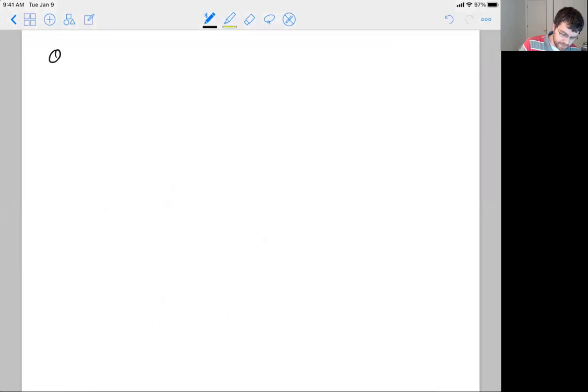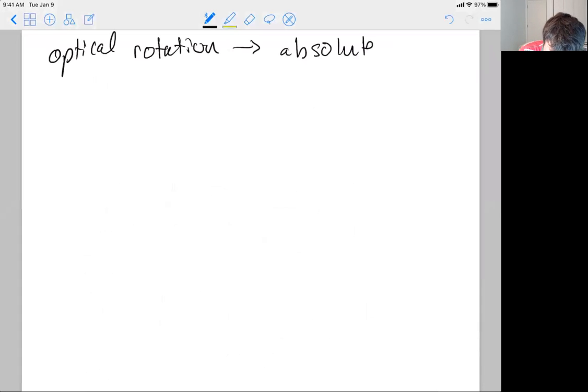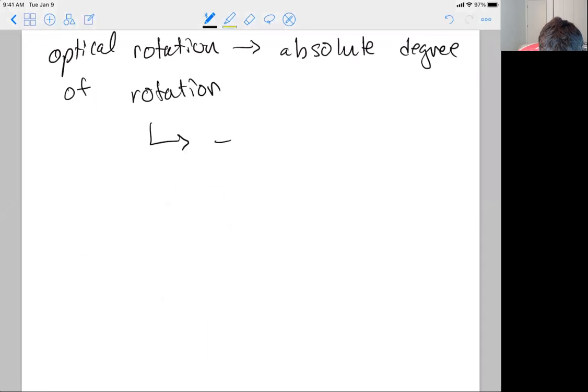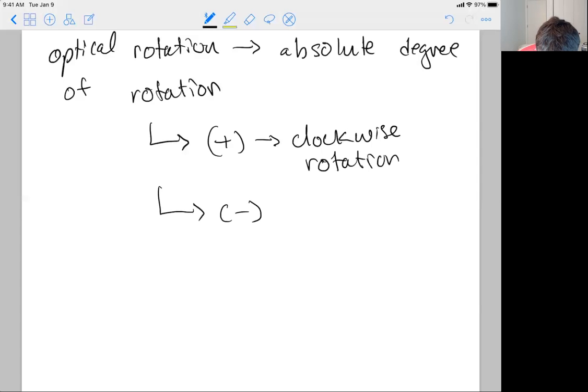Okay, so the optical rotation is the absolute degree of rotation. And it has signs. If it's positive, then it's a clockwise rotation. If it's negative, it's the counterclockwise rotation.